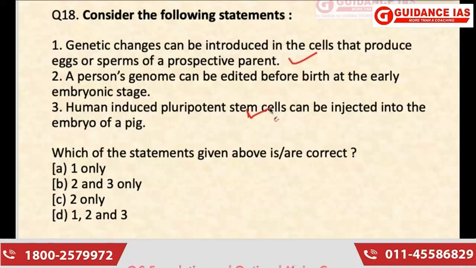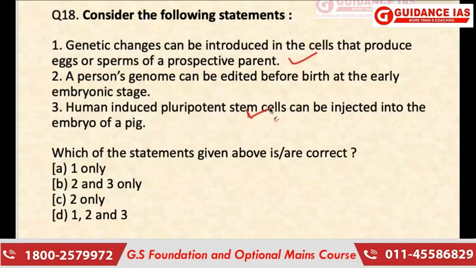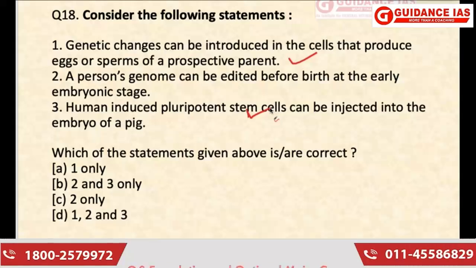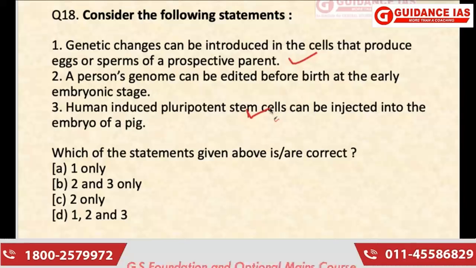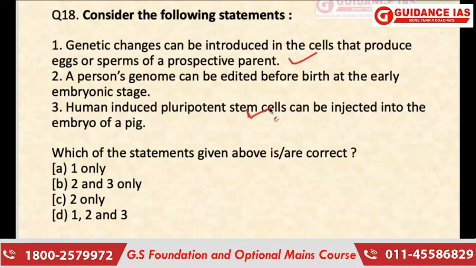So stem cells, I'll tell you in simpler words, stem cells क्या होते हैं. They are the cells in the body जिनका एक specific purpose होता है. But see, we know we have a lot of cells in our body, right? हर एक cell का एक पर्पस होता है, एक स्पेसिफिक फंक्शन होता है. But stem cells are what kind of cells? Stem cells are the cells that do not yet have a specific role, and they become almost any cell that is required.